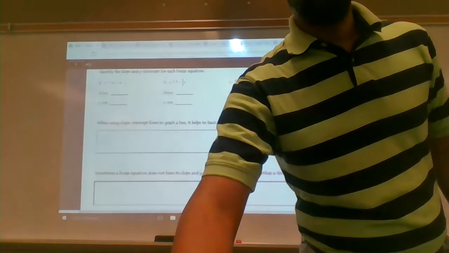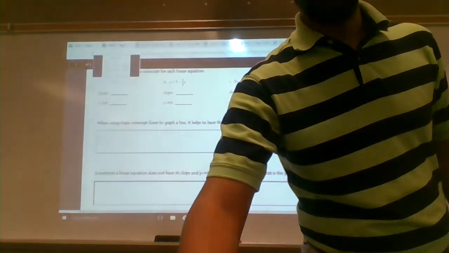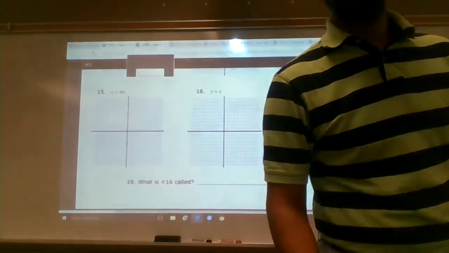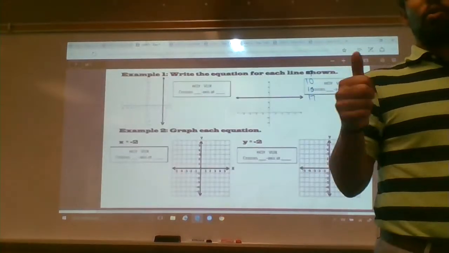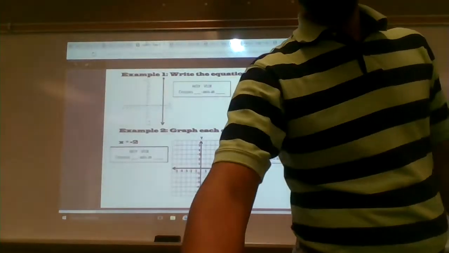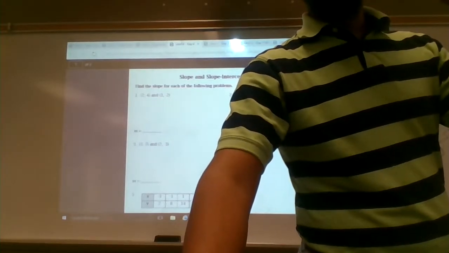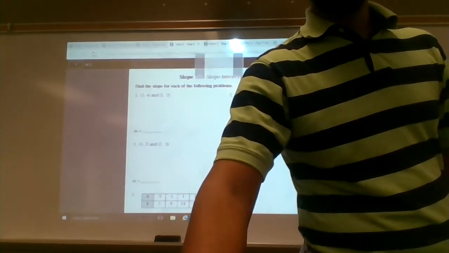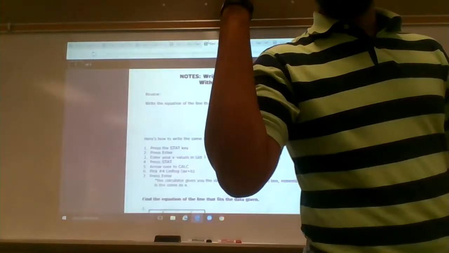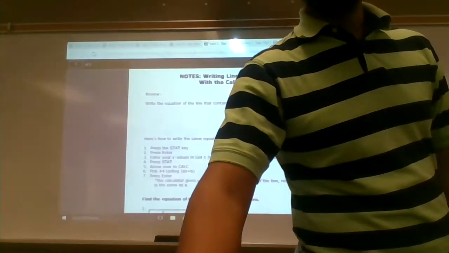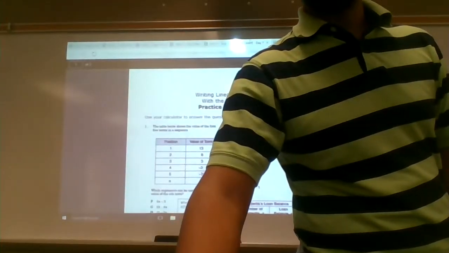Okay, so slope-intercept form, which was video 1, there are 17 problems. The quick video I did on horizontal and vertical lines, that kind of goes along with the quiz, and there are 15 problems. Then the notes with linear functions with the calculator, there are 10 problems with that worksheet.